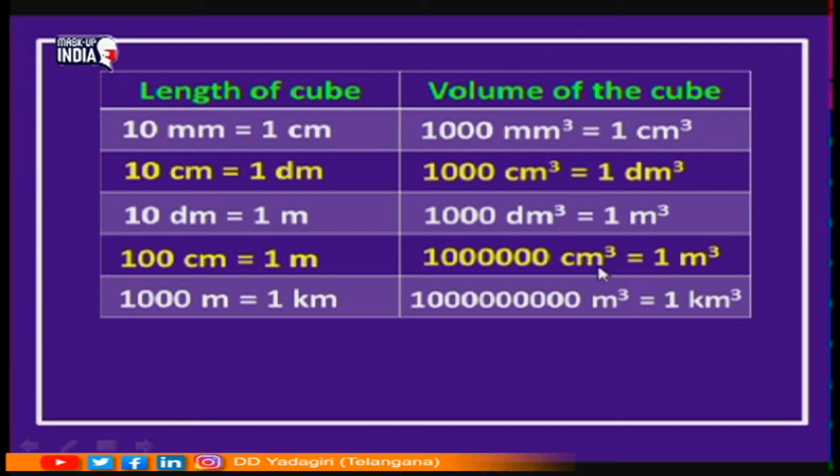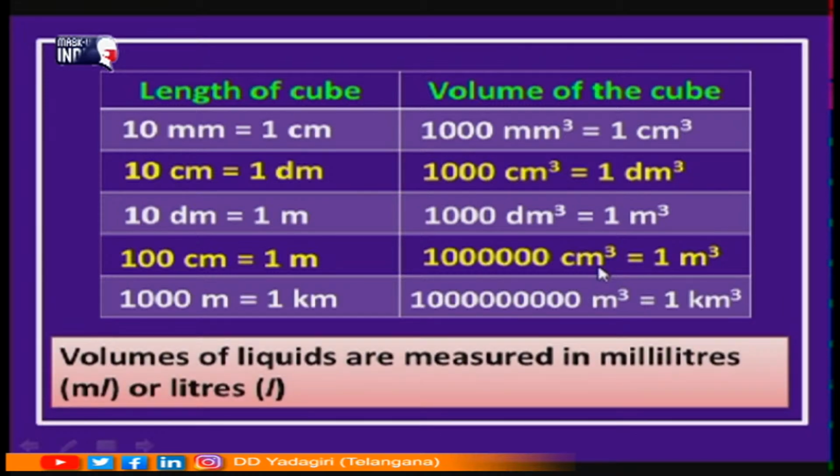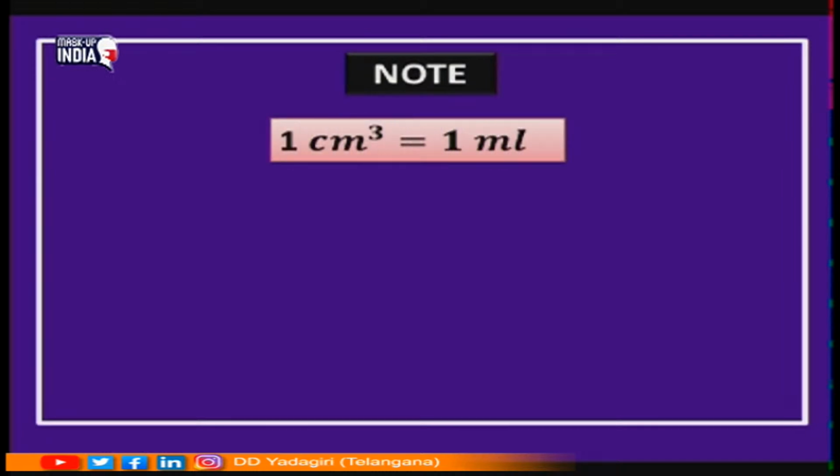Okay, children. So, volume of liquids are measured generally in milliliters or liters, unlike the solids. For solids we take centimeter cube or meter cube and so on, but when it comes to liquids, we always measure the volume in either milliliters or liters. So, let us take a small note, children: 1 centimeter cube is nothing but 1 milliliter.